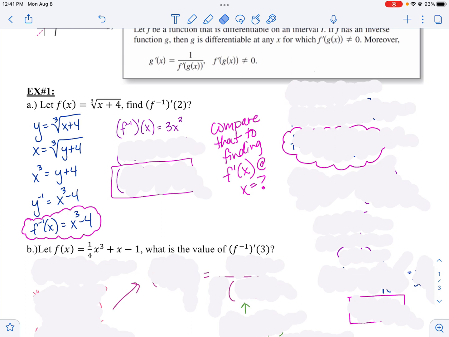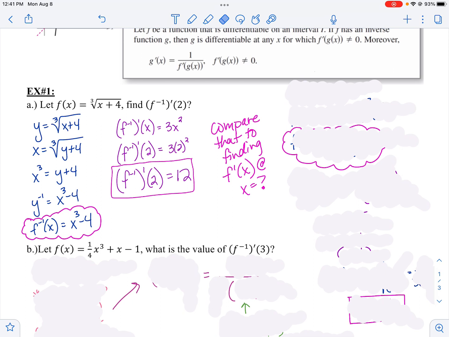The question is asking me to find the derivative of the inverse at x equals 2. We know that we can find that value by simply plugging in a 2. I end up getting that the inverse's derivative at x equals 2 is 12. Are you okay with that?